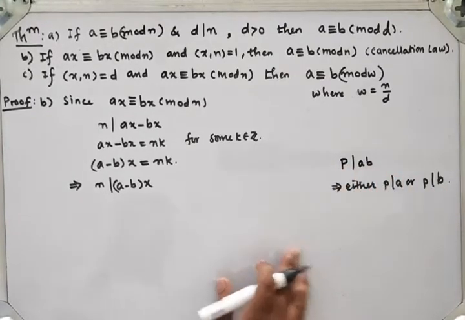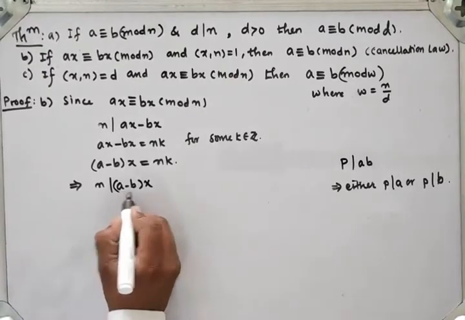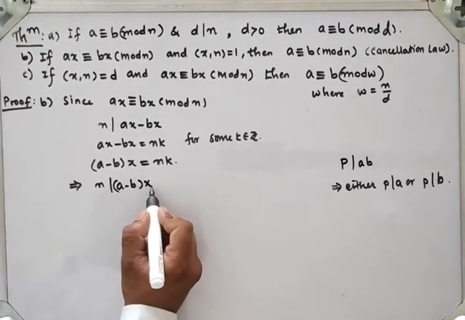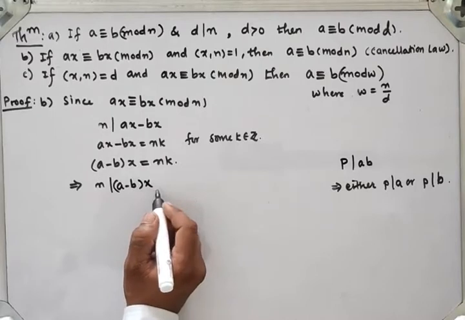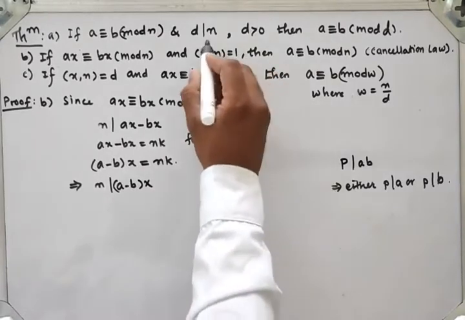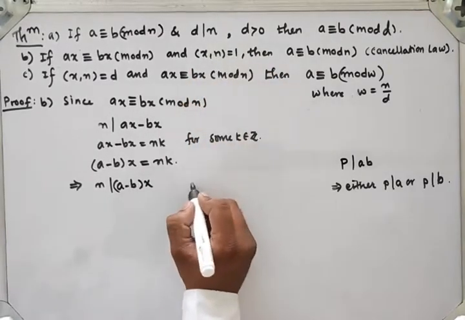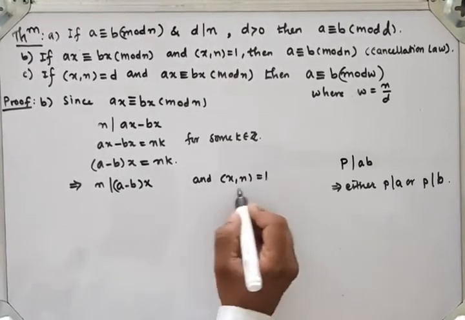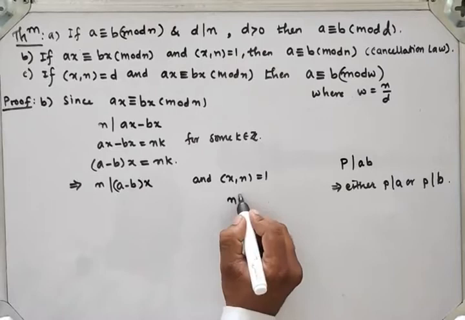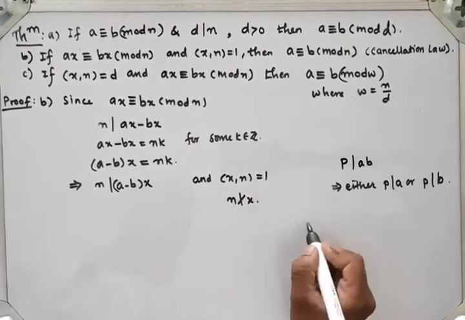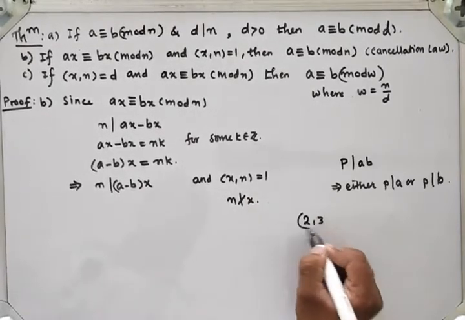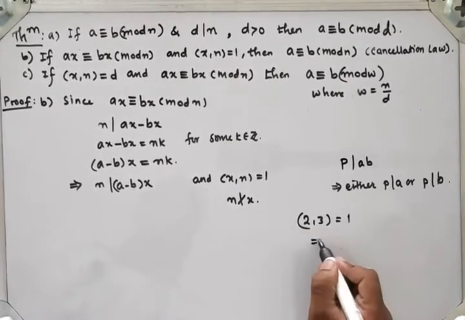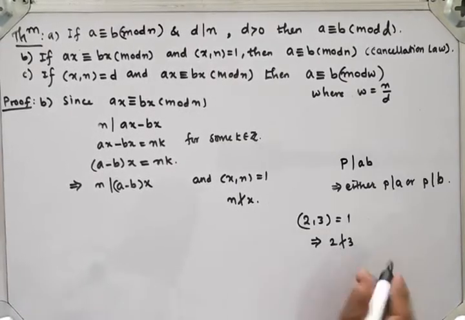So here n divides a minus b or n divides x, but we have given GCD of x and n equal to 1, meaning n does not divide x, right? For example, suppose 2 and 3 have GCD 1, meaning 2 does not divide 3, right?